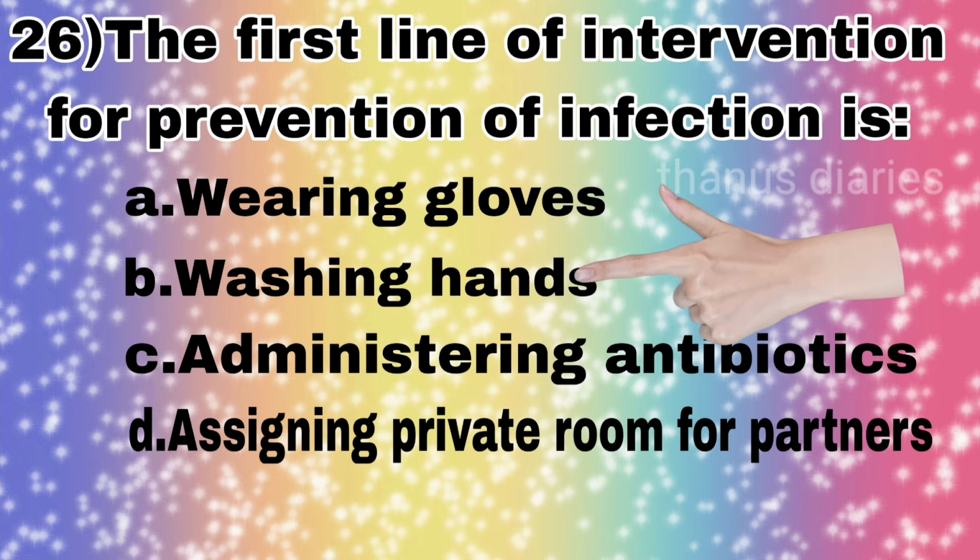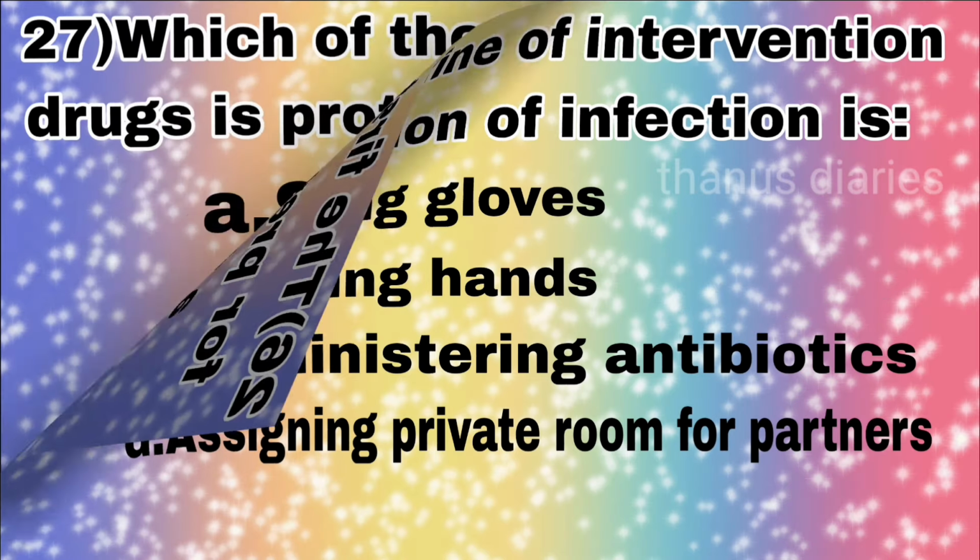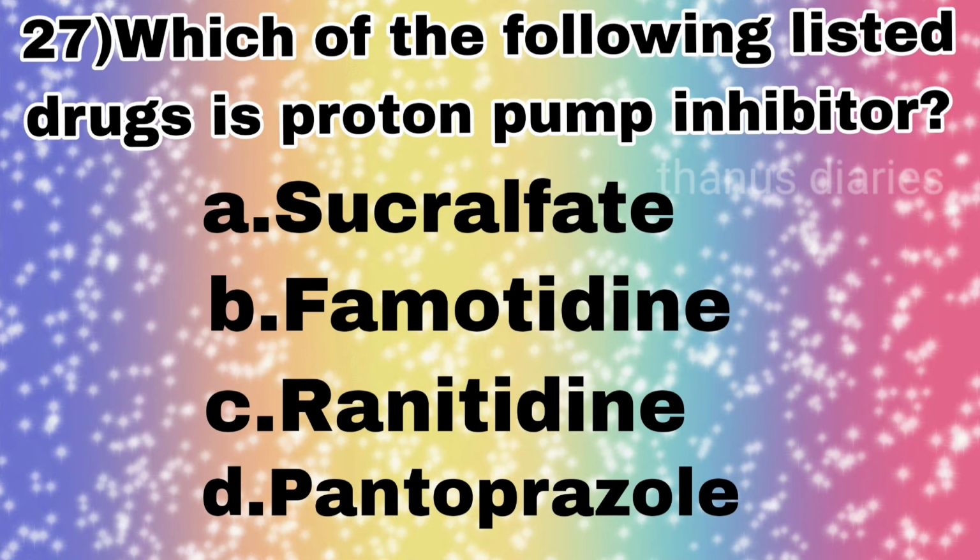Answer is washing hands. Next question. Which of the following listed drugs is proton pump inhibitor? Sucralfate, famotidine, ranitidine, pantoprazole. And the answer is pantoprazole.